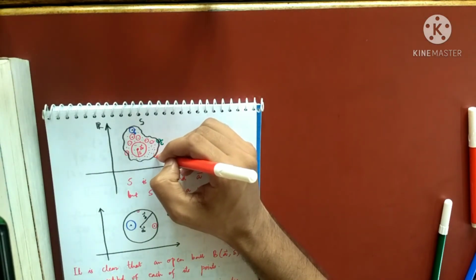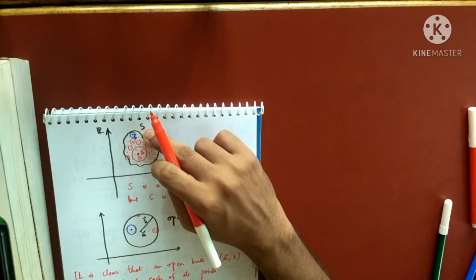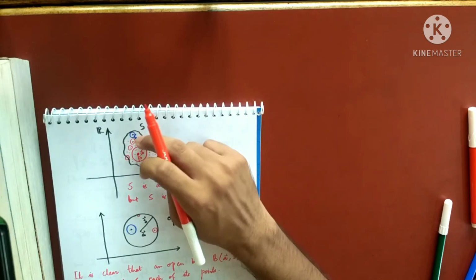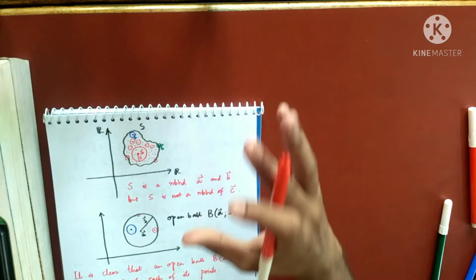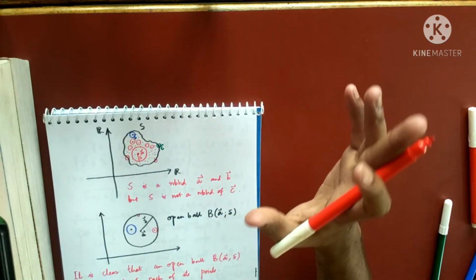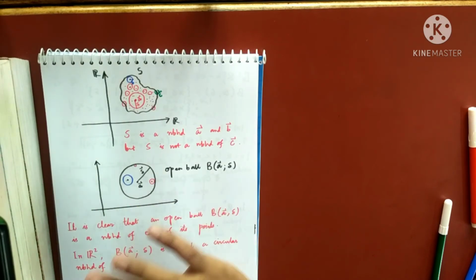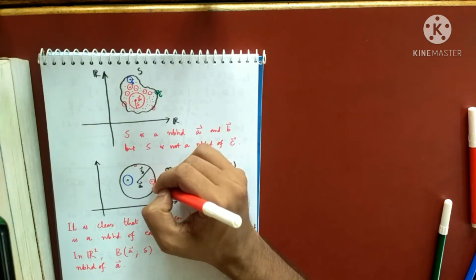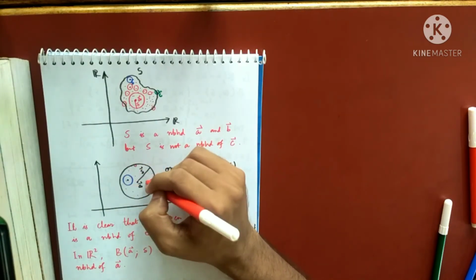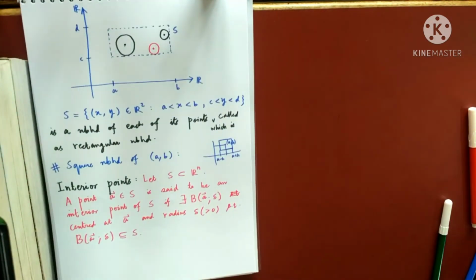Because if I draw any open ball, that will go outside S. So if I talk about the interior points of this set S, it is all the points which are inside this curve, but the points which are on the boundary are not interior points. Whereas in this case, every point is an interior point, because there is no boundary. First of all, you take this one, anywhere. These all are interior points.